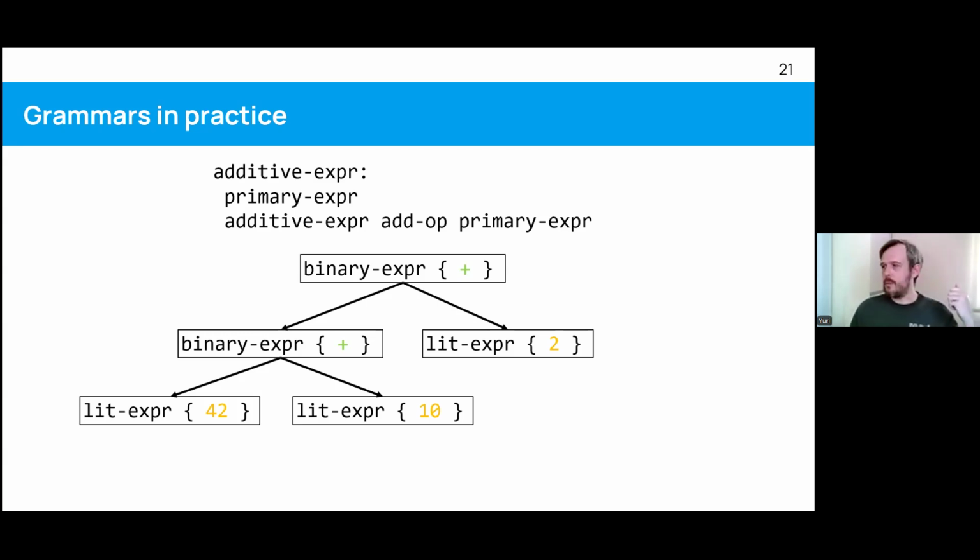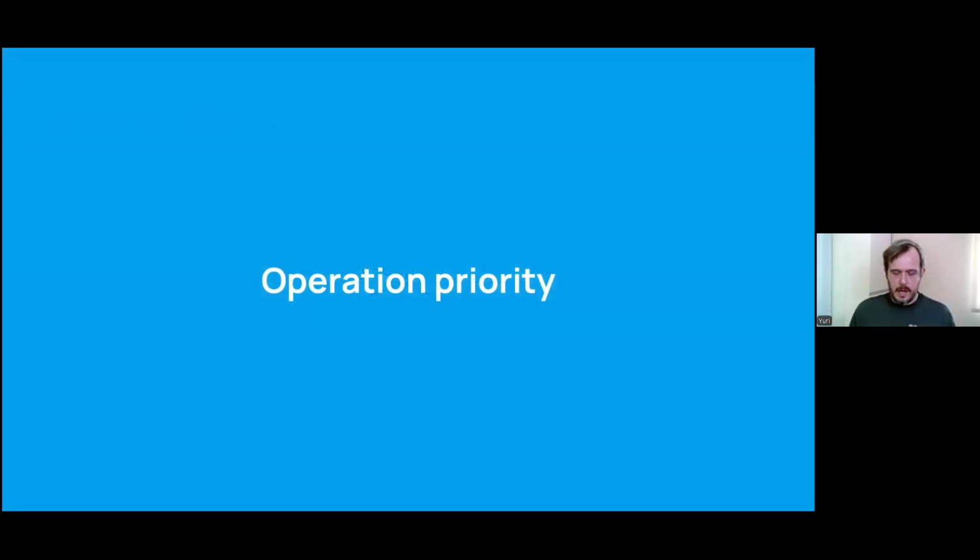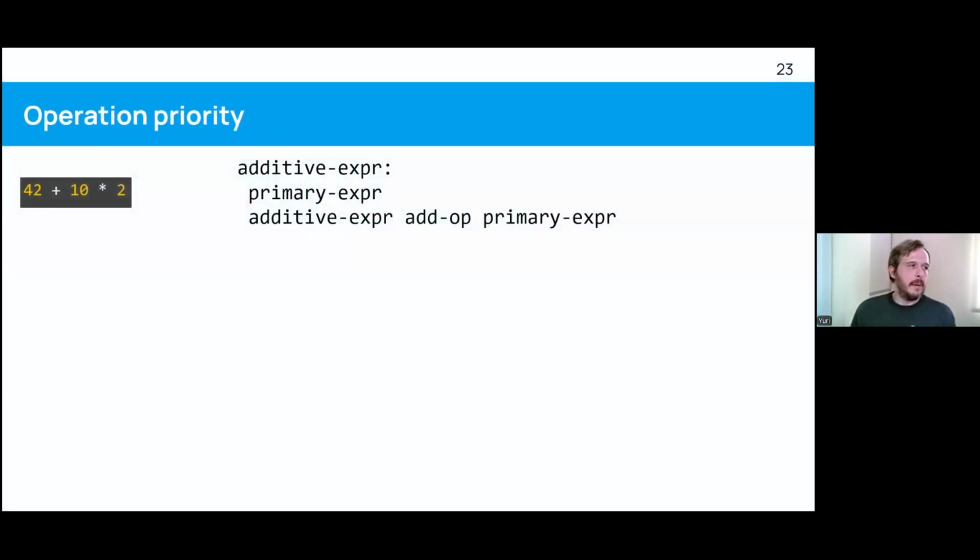But what if we have different operations which need to be calculated in a different order? So let's take a look at operation priority and how it works. Let's say we have now multiplication. And we have this grammar which says additive expression is whatever we've been doing before.